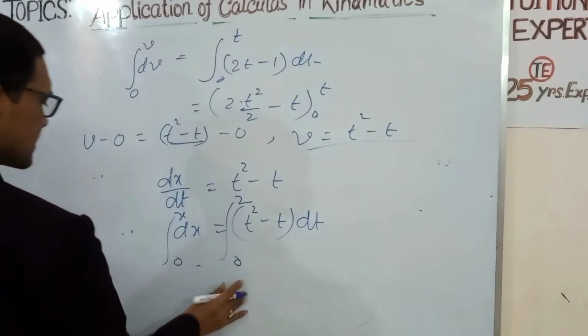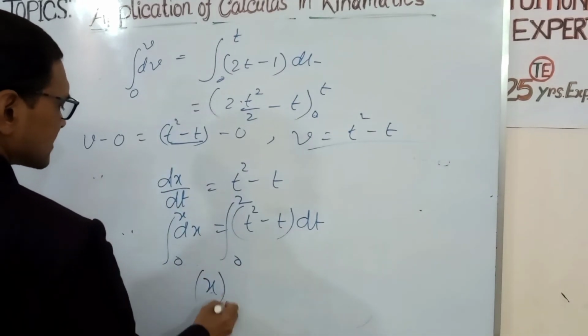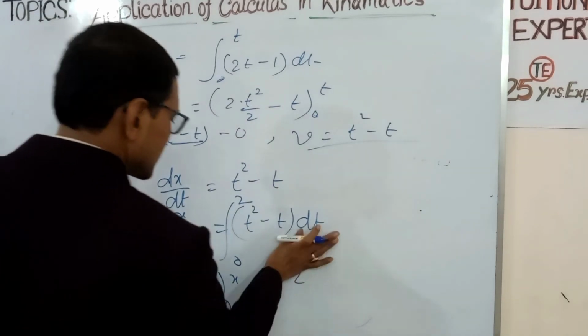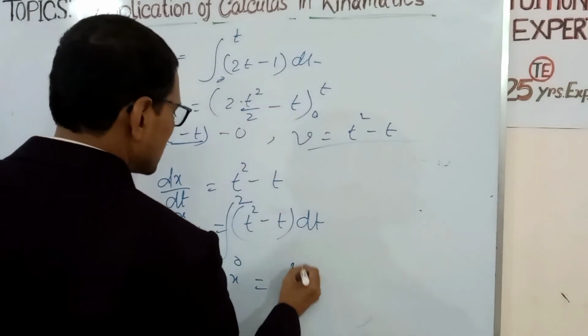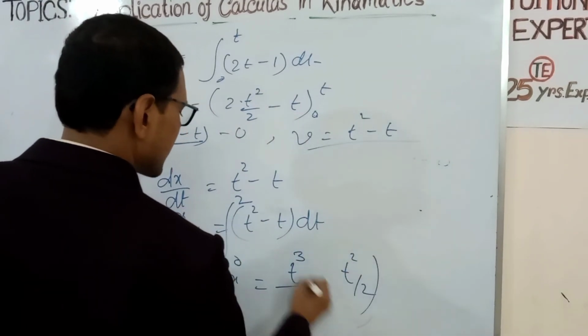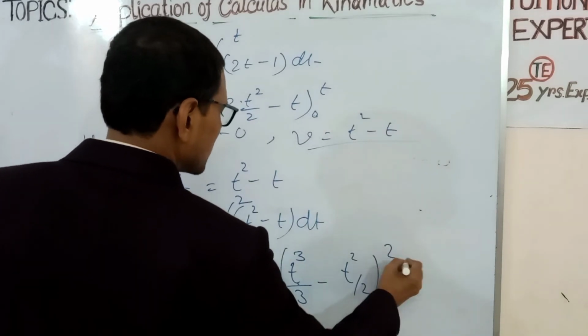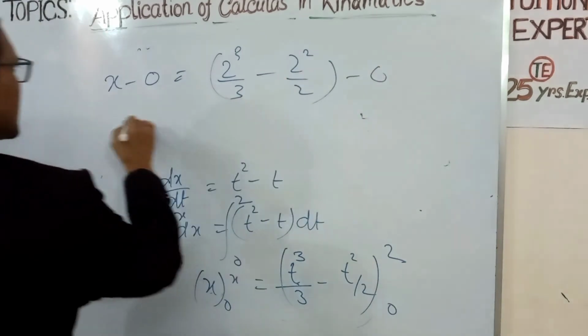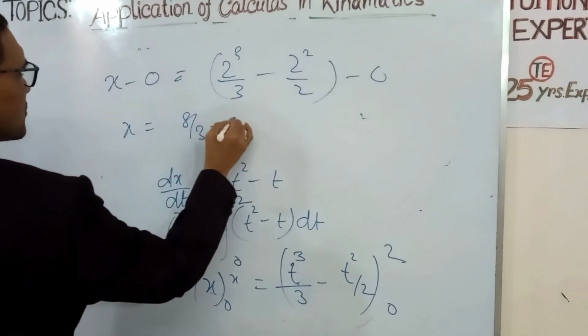You have to find that x. So dx integration is x, and for t square minus t, the integration is t cube by 3 minus t square by 2, 0 to 2, minus 0, that is x equal to 8 by 3 minus 2.